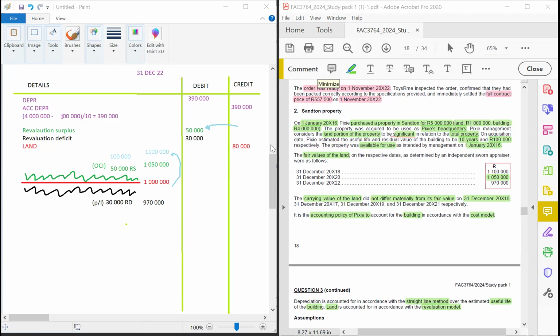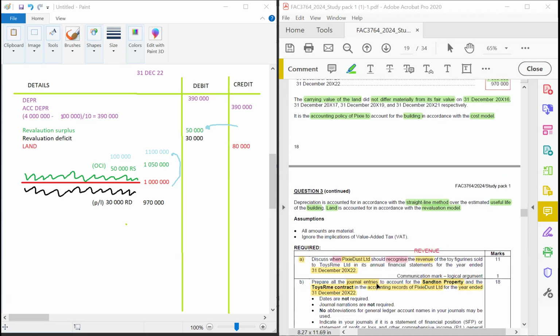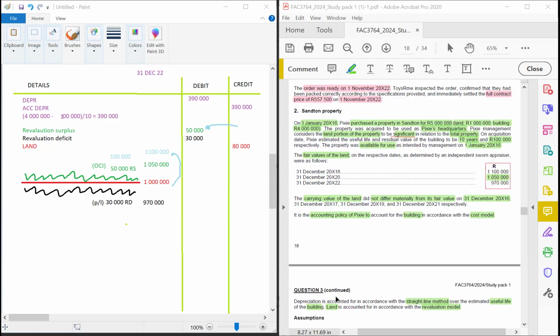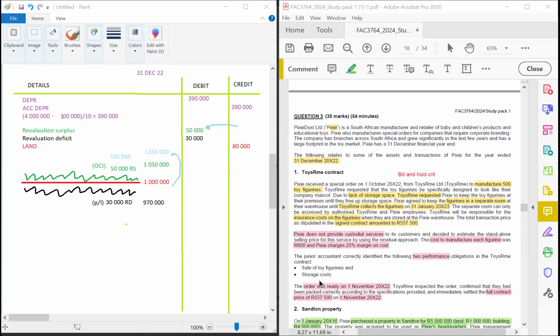I get it. Pleasure. So now we are going to move to the other part of part B. Remember, it's journal entries for certain property as well as the treasury contract. So the treasury contract, this part.